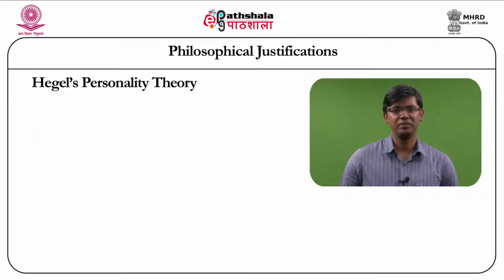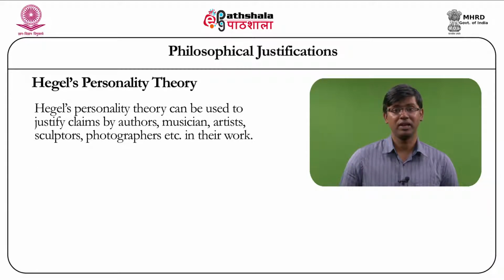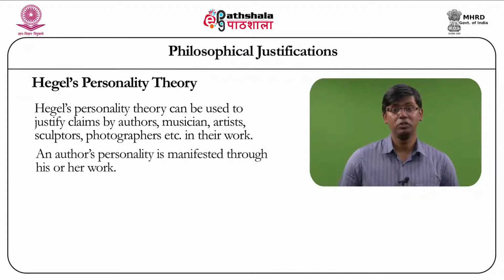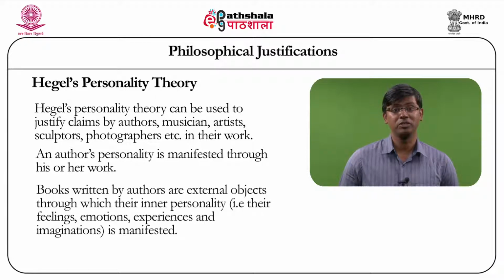Hegel's personality theory can be used to justify claims by authors, musicians, artists, sculptors, photographers in their work. An author's personality is manifested through his or her work. Books written by authors are external objects through which their inner personality, that is, their feelings, emotions, experiences, and imagination, is manifested.